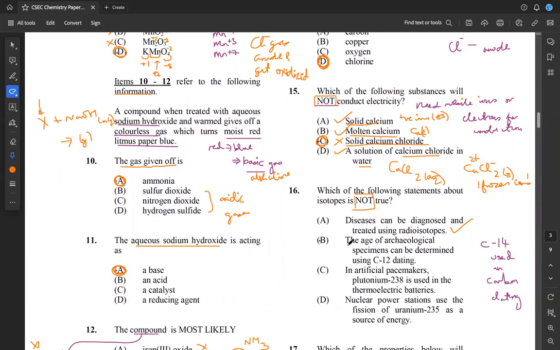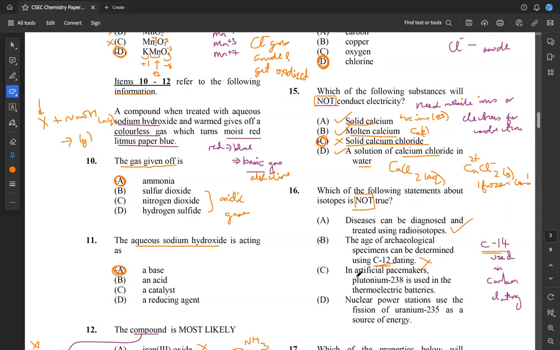B says the age of archaeological specimens can be determined using carbon-12 dating. That's actually not true. That's not true because we do dating using carbon-14, not carbon-12. So this is not true about isotopes. We're gonna use isotopes in dating, guys, but we're gonna use the carbon-14 form and not the carbon-12. Okay, so this is an incorrect statement.